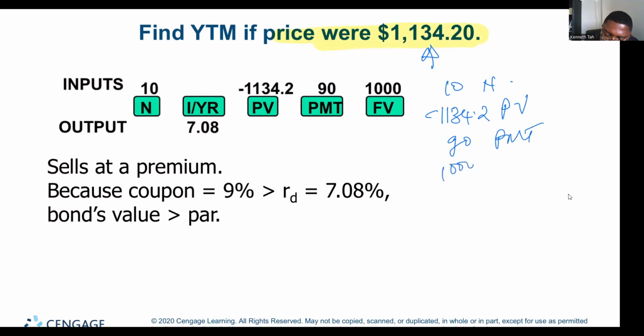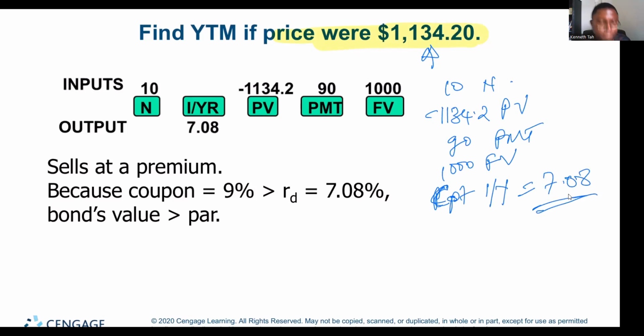I'll type 1,000 and take that as future value. Then I want the calculator to compute for me I/Y, and I'm going to have 7.08. Okay.